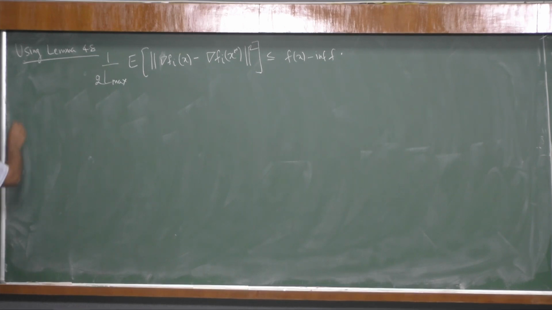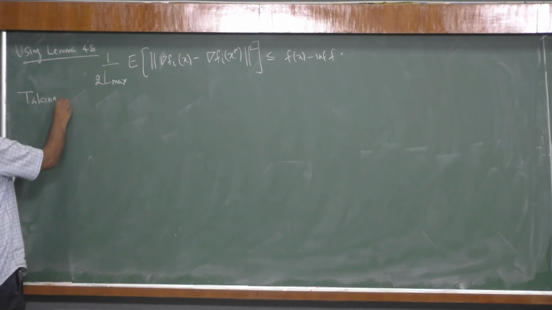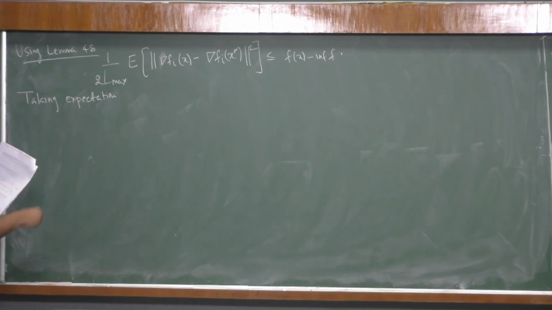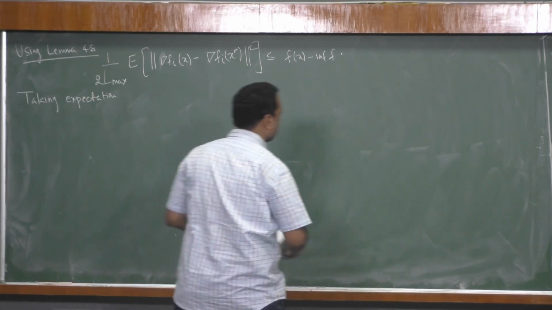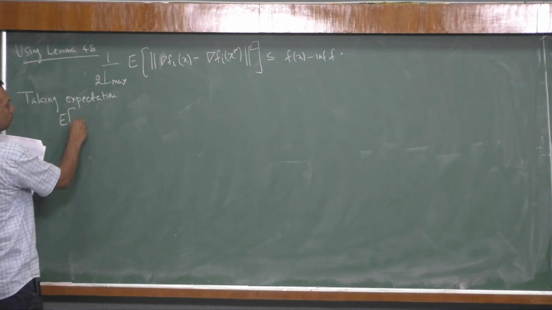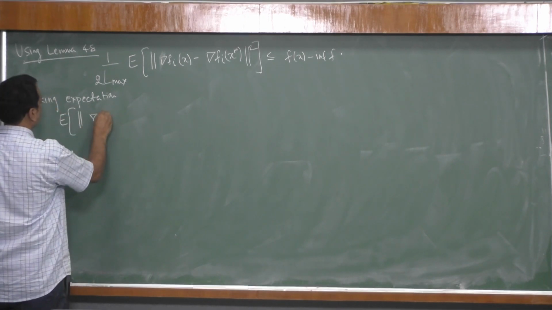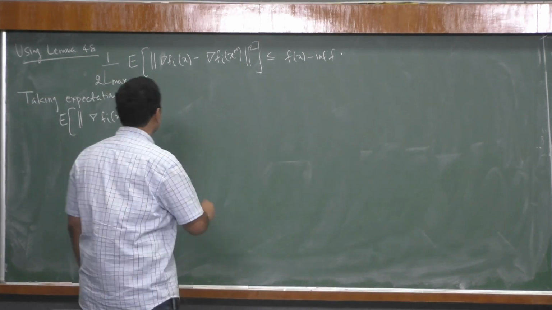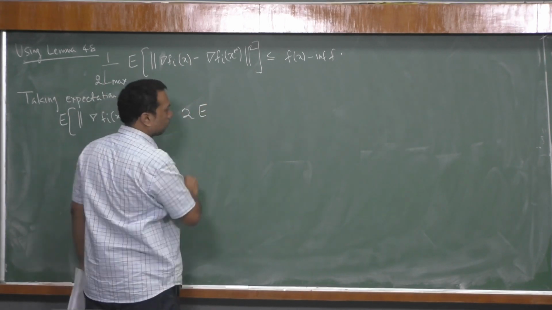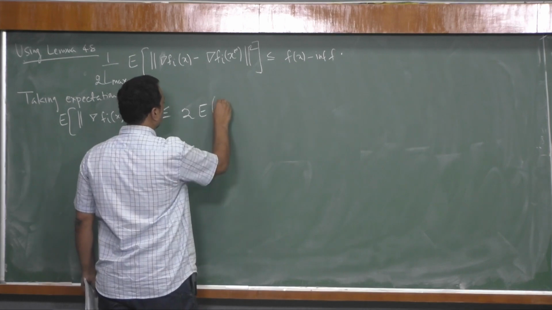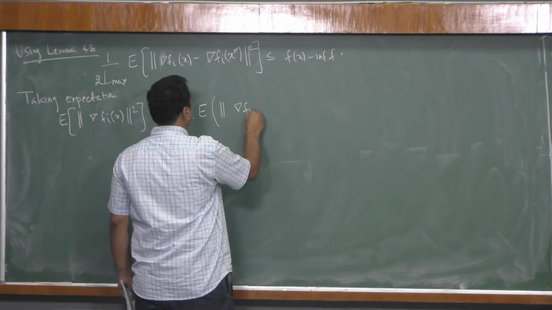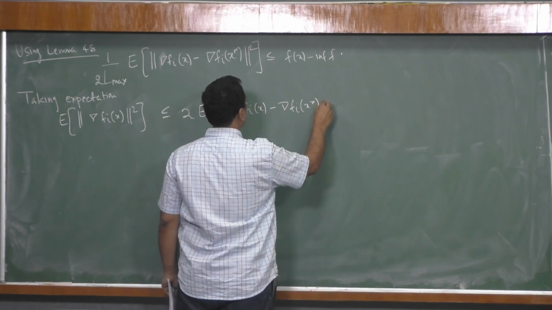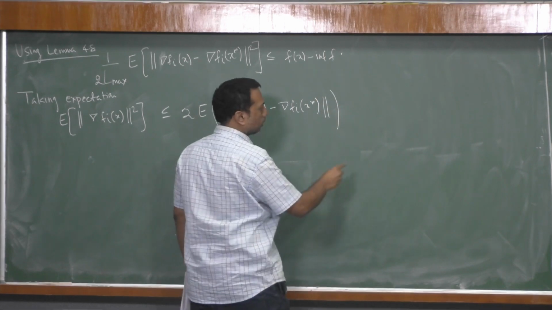So taking expectation on both sides, on the left hand side we started with the expectation of norm of grad fi x whole squared, and this came out to be less than or equal to 2 times the expectation of norm of grad fi x minus grad fi x star, squared, and then the second one is already settled.